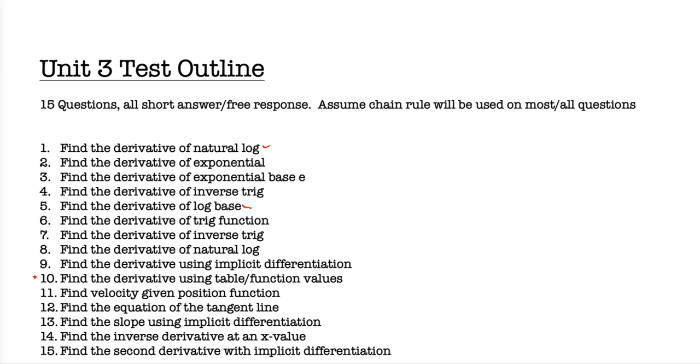Yeah? Can you look at what number 11 is? Find the velocity given the position function. Let's just make up a position function, I guess. So S of t would be, virtually every question on this test has chain rule in it. So the position and velocity equations are similar to what we did in Unit 2, Unit 1.